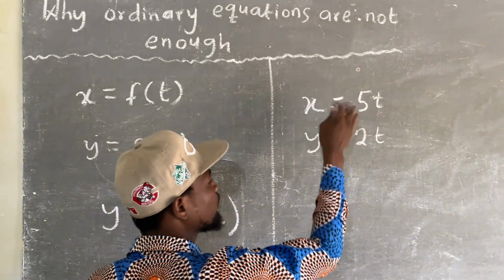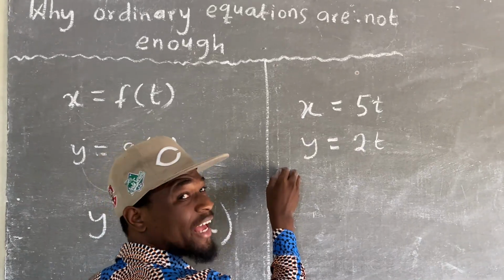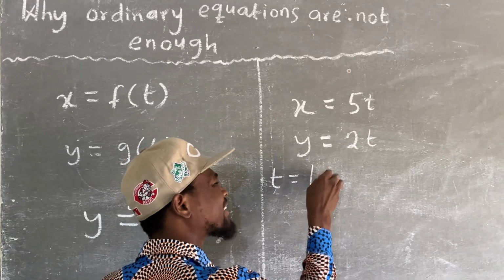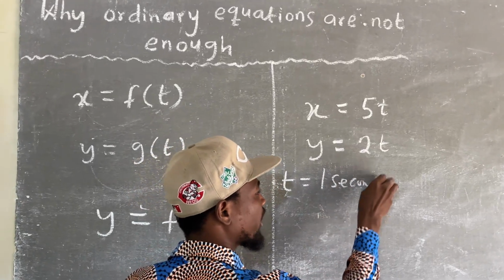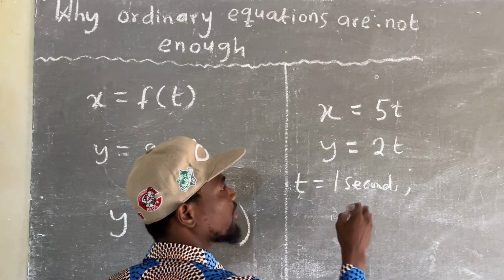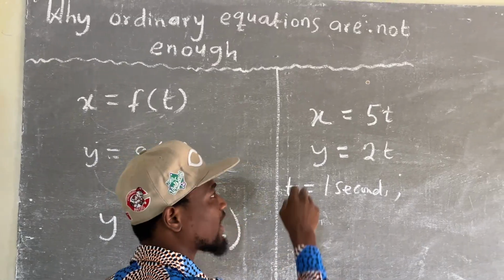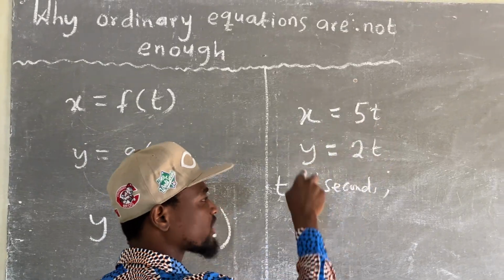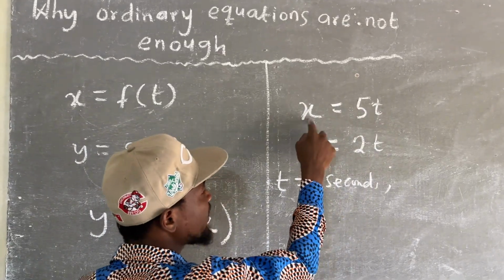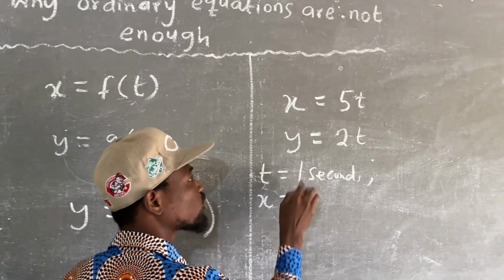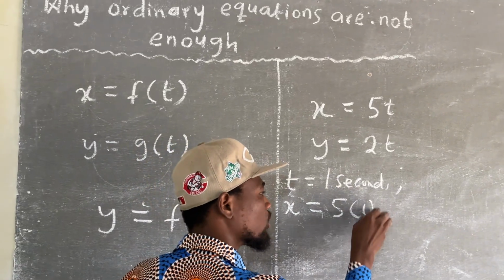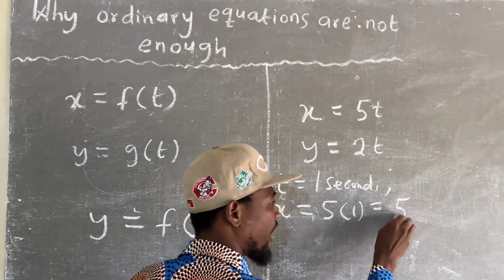So if my time t is equal to 1 second, what will be the position of the object at x? Wherever I see t, I put 1. So x is equal to 5 times t, where t is 1, so I have 5.